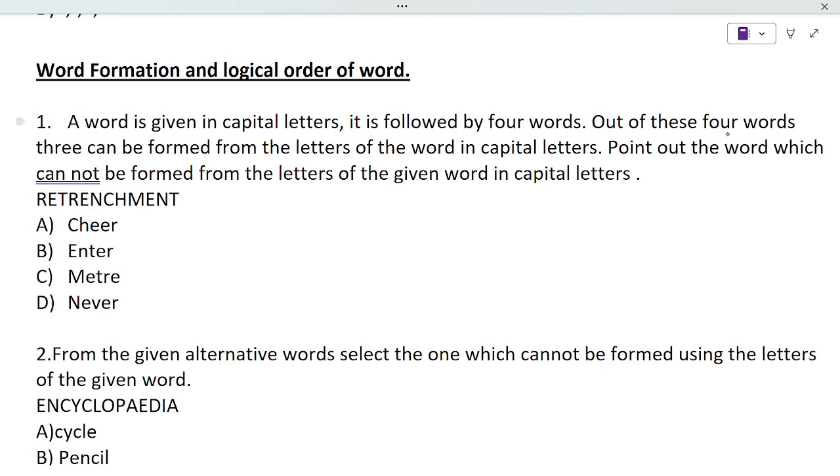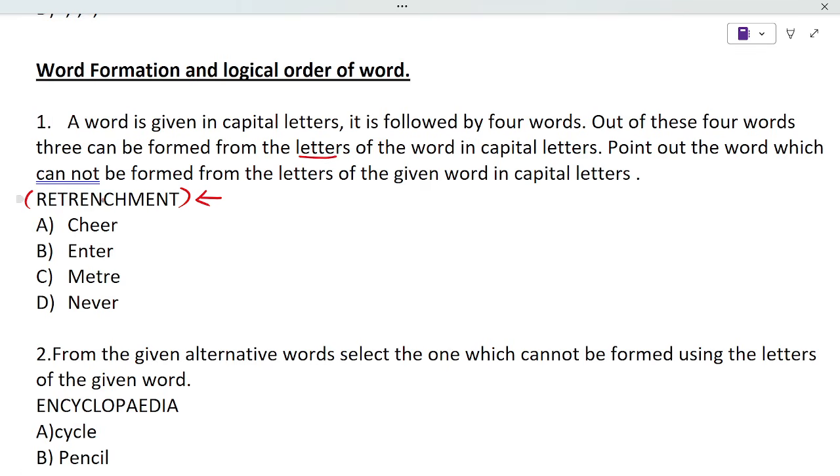Out of these four words, three can be formed from the letters of the given word. We need to find the one that cannot. Point out the word which cannot be formed from the letters of the given word in capital letters.